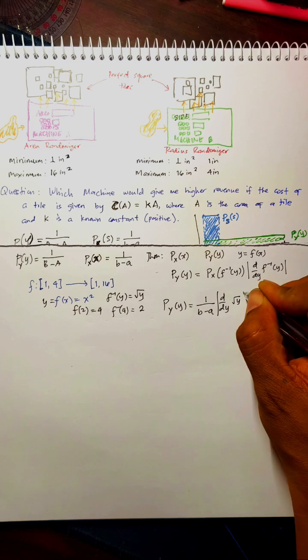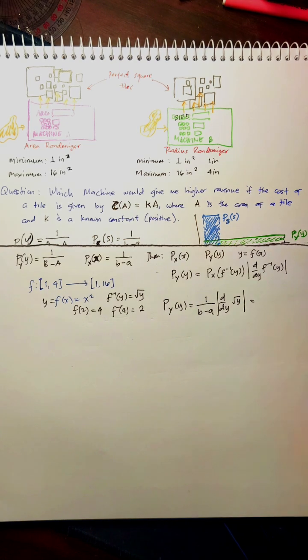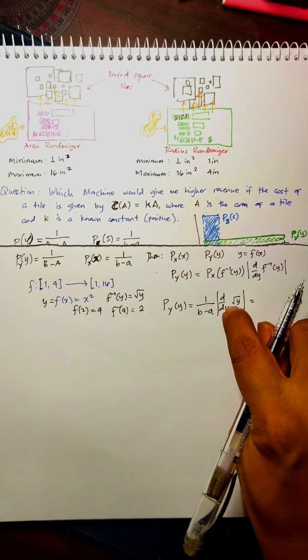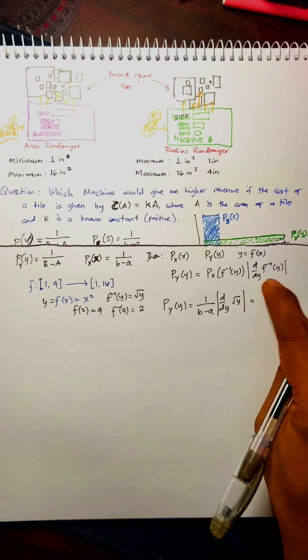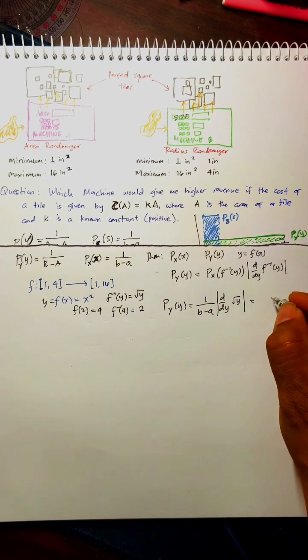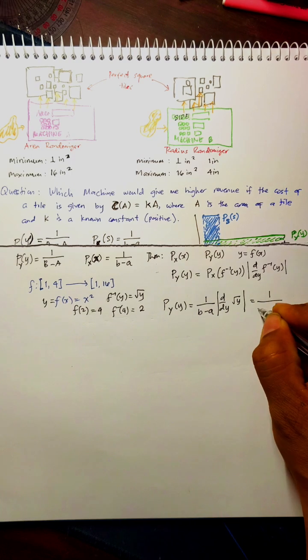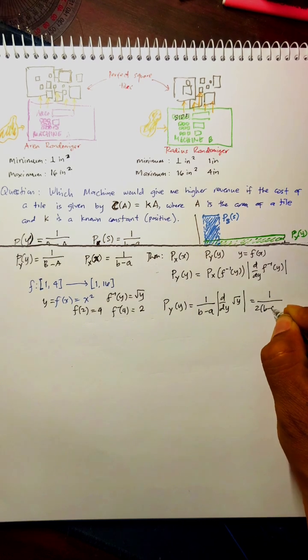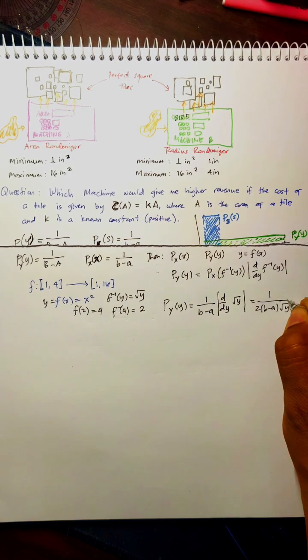So this is the square root of y, and this would give us 1 half times y raised to negative 1 half. So that would be equal to 1 over 2 times b minus a times the square root of y.